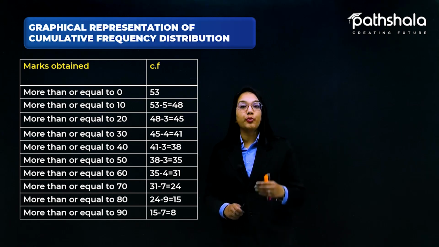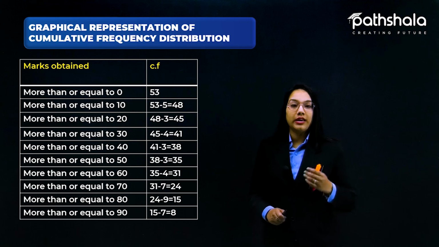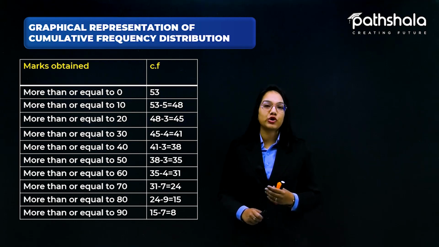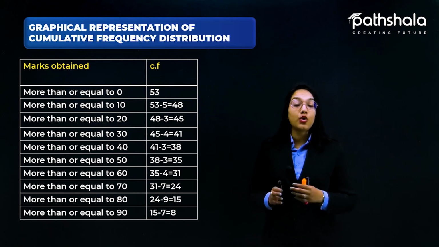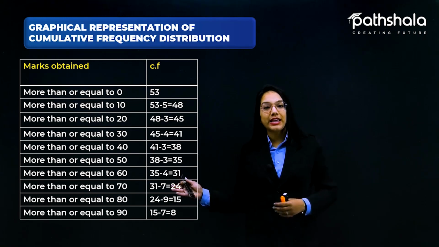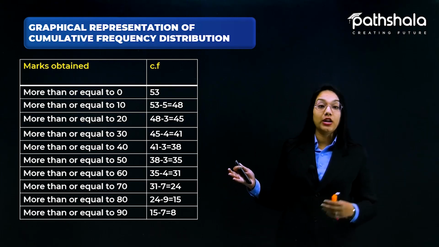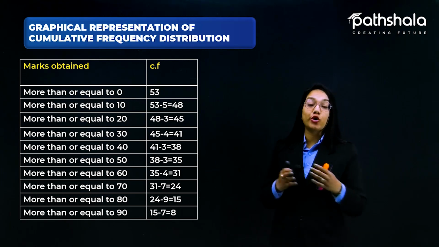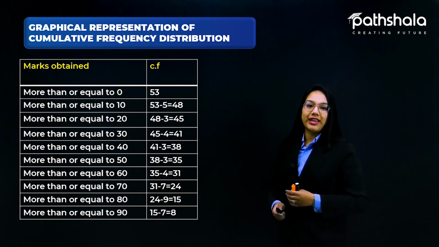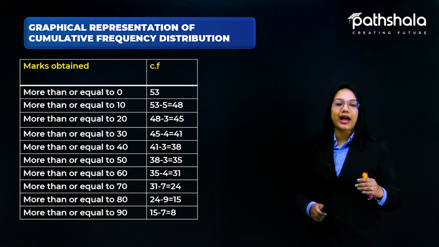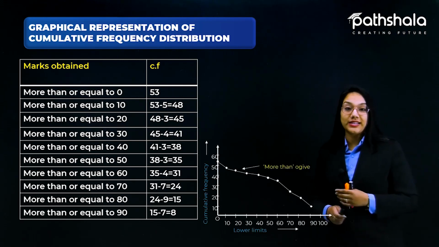Now in order to plot the cumulative frequency distribution in the xy plane, first of all we have to take the lower limits. For the less than case we always take the upper limits. For the more than case we always take the lower limits with respect to their cumulative frequencies. So let us take the lower limits on the x-axis and the cumulative frequency on the y-axis.